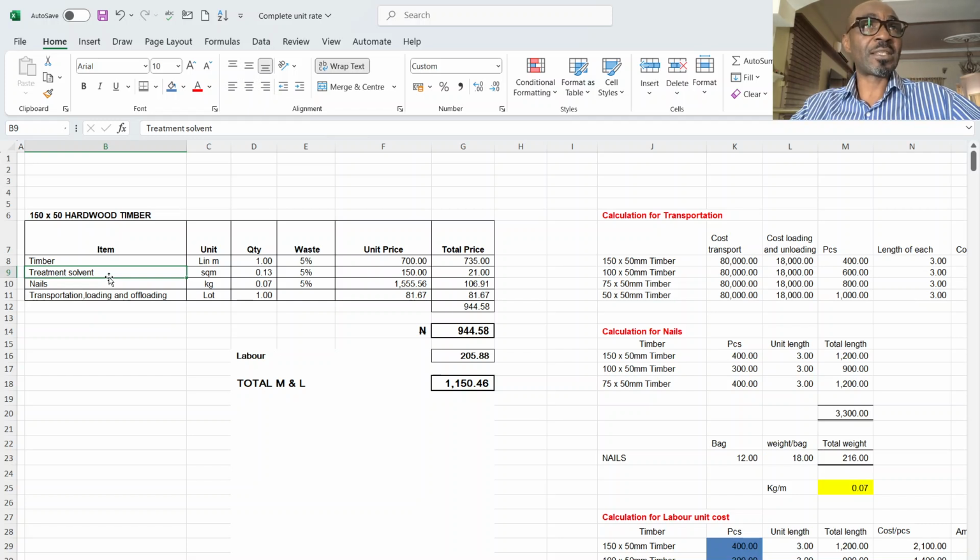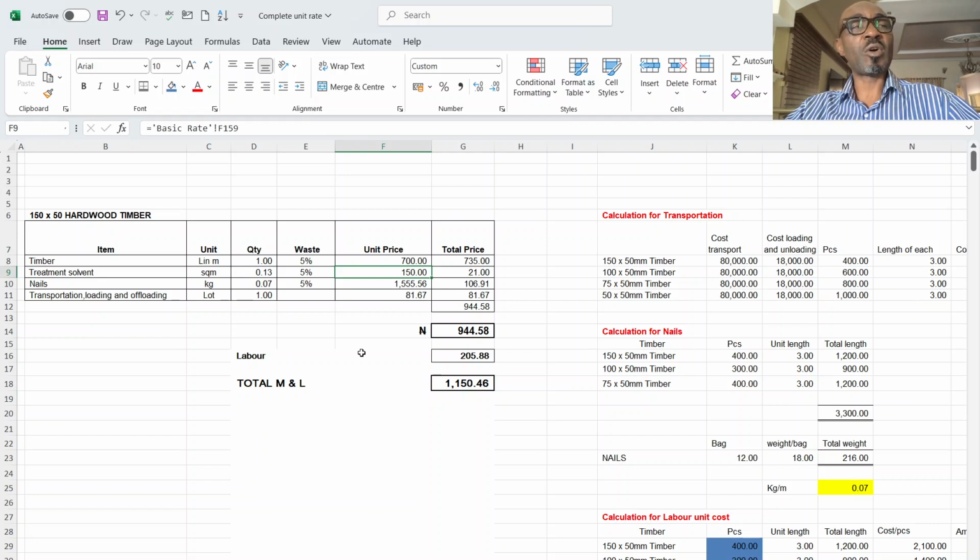So if that is how it is expected, you are supposed to calculate the surface area of the wood, and as you can see here, I calculated the surface area. It is 150 by 50, multiplied by 2, divided by 3 meter to give me the square area of 1 meter, which is 0.13. The solvent comes in 4 liters.